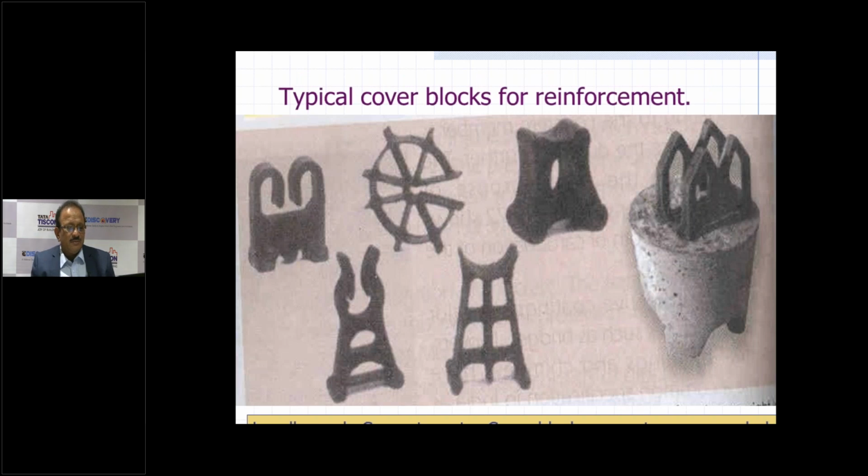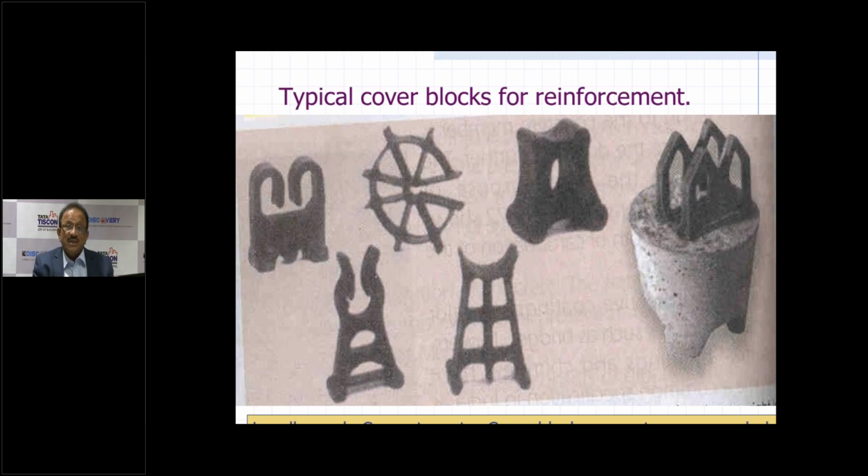Now we are coming to the typical cover blocks which are recommended for steel reinforcement. You can see these are the plastic cover bars of different shapes. The round one you see here is for the columns, this one is for the beams, and like that. Earlier, when I started my career way back, it was very common to use cement mortar cover blocks, which were locally manufactured at the site.